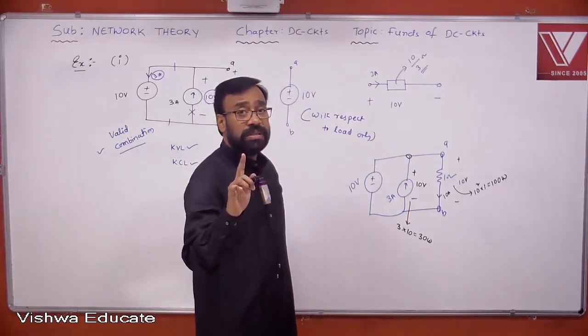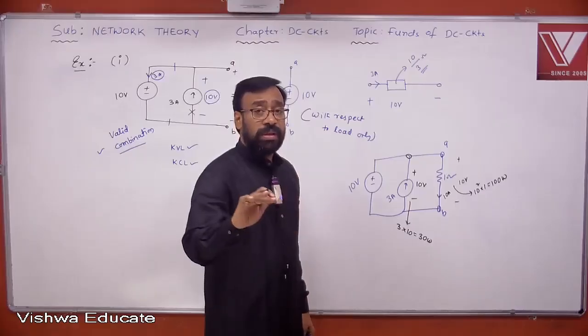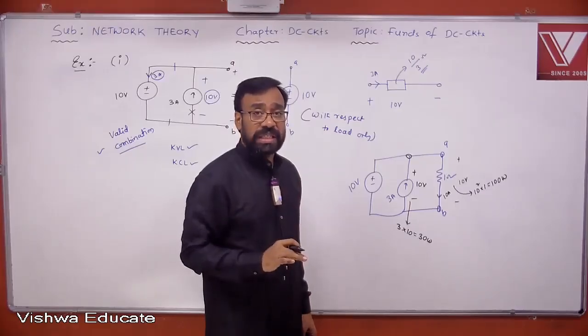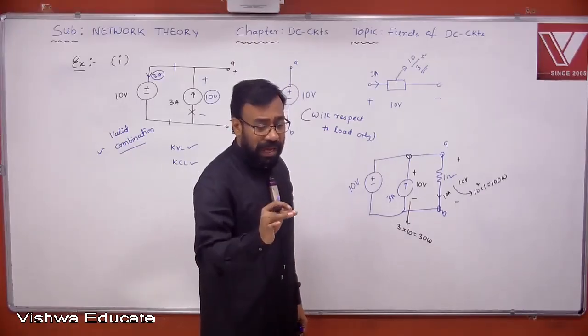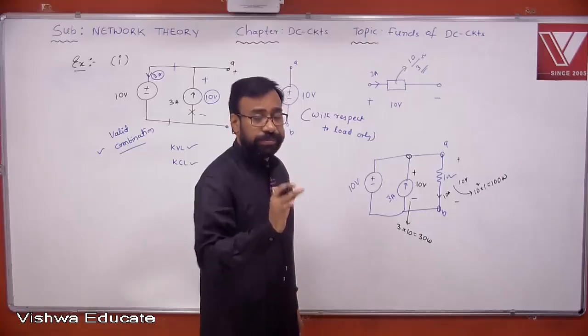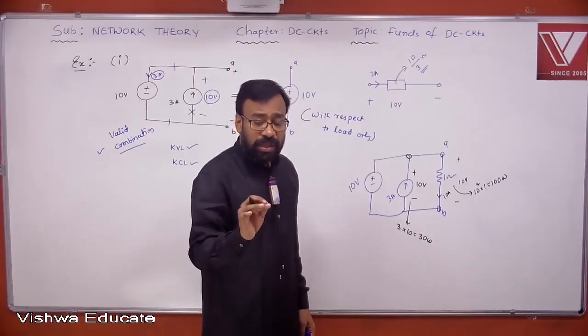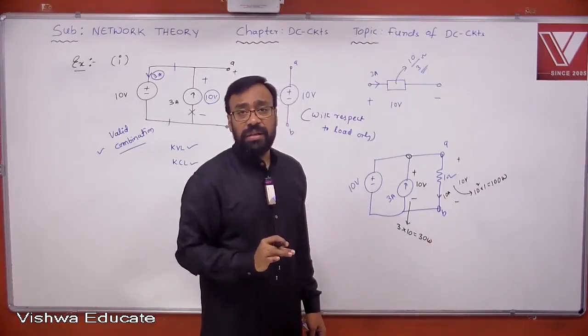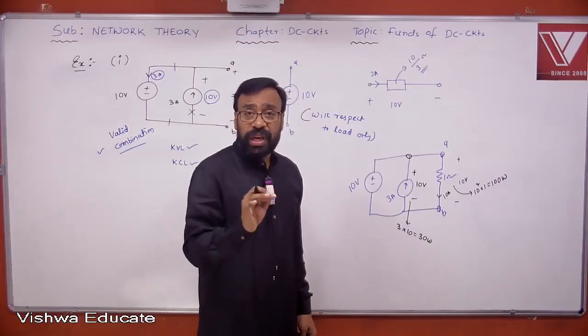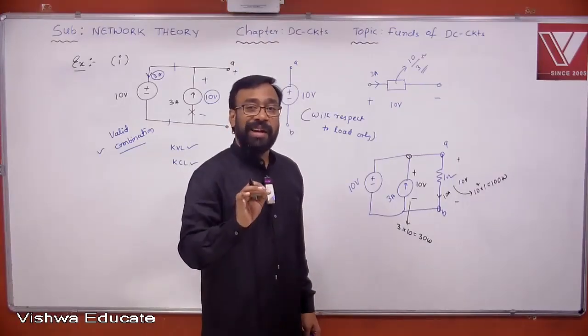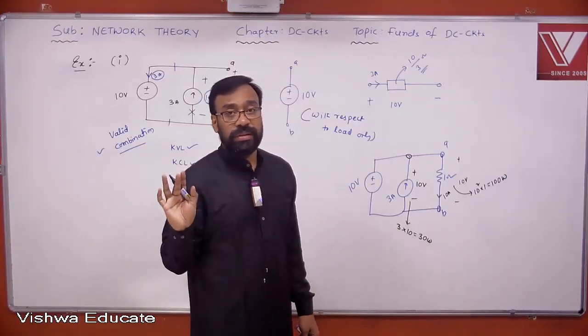Remember, this statement is taken for granted throughout your journey of network theory or network analysis. In whichever path you are trying to find the current, first you check whether that path contains any resistor or not.